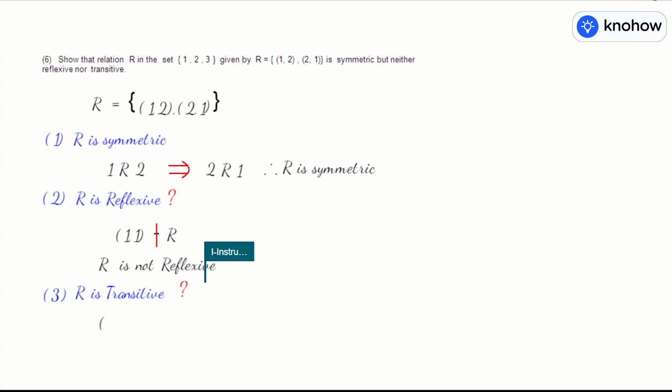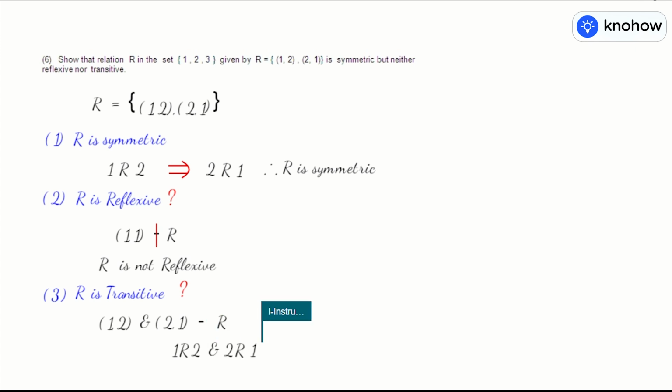See here (1, 2) and (2, 1) belong to R. That means 1 is related to 2 and 2 is related to 1.